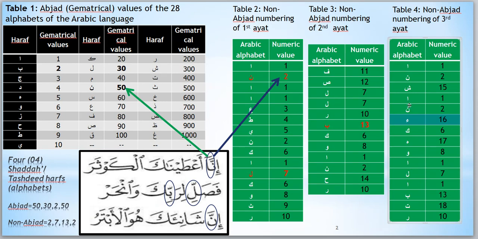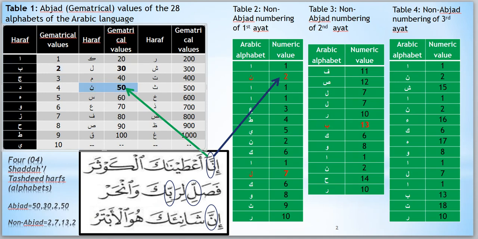In this way these green tables are made, and from these green tables as well as the abjad table, table number 1, the corresponding values based on the positioning of these Shadda or Tashdid harfs are shown here. For example, the abjad numbering for these Tashdid harfs will be for Noon 50, for Lam 30, for Ba 2, and again for Noon 50.